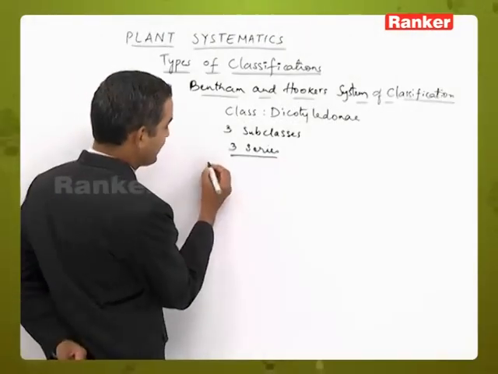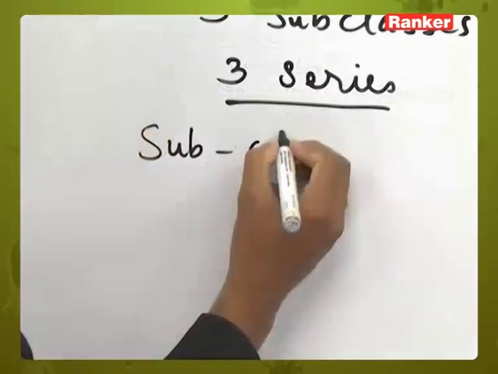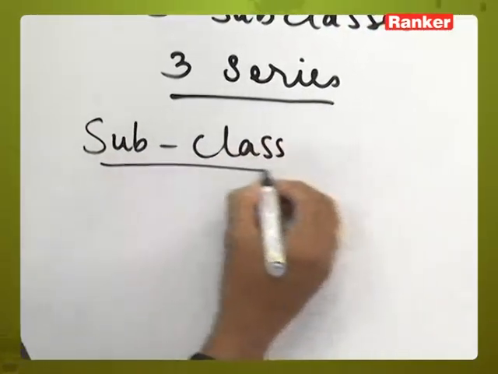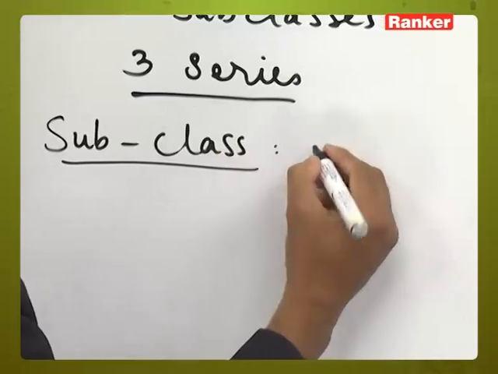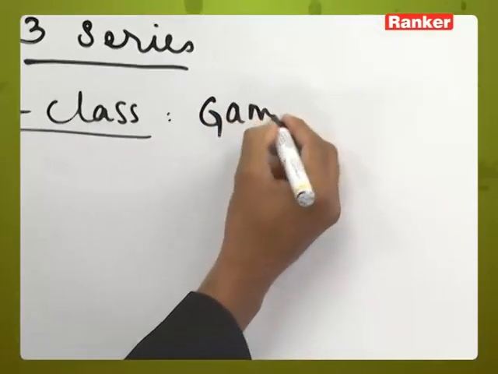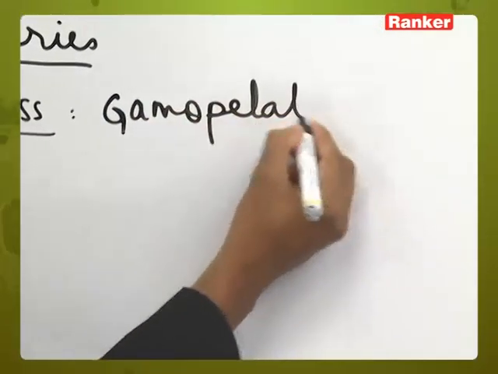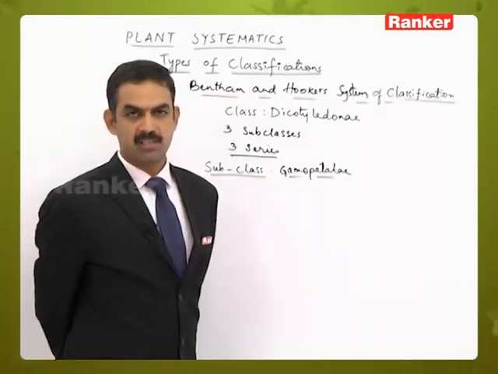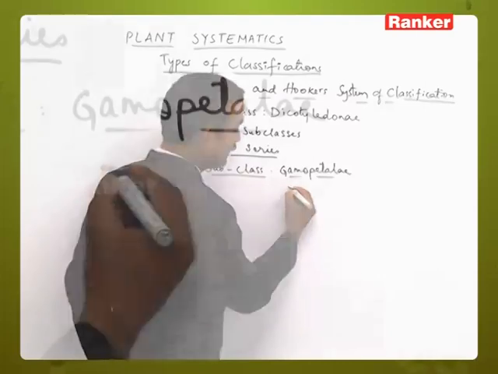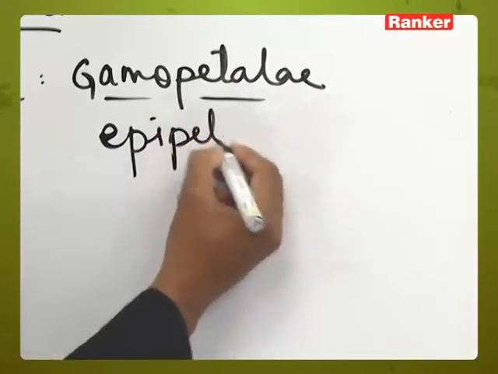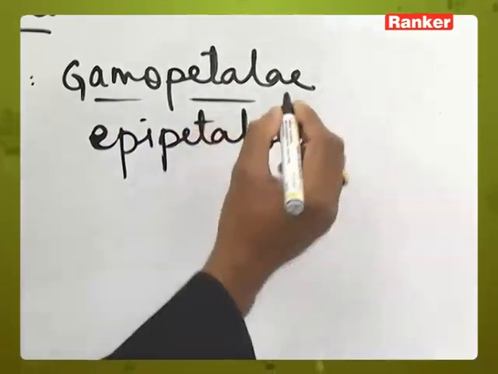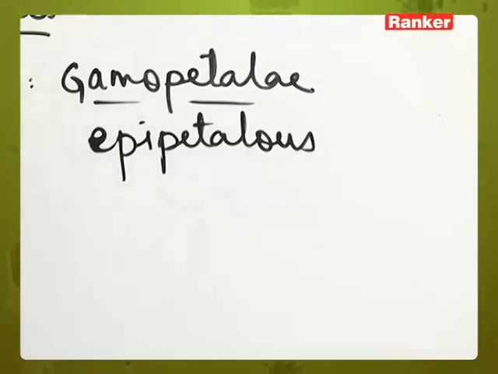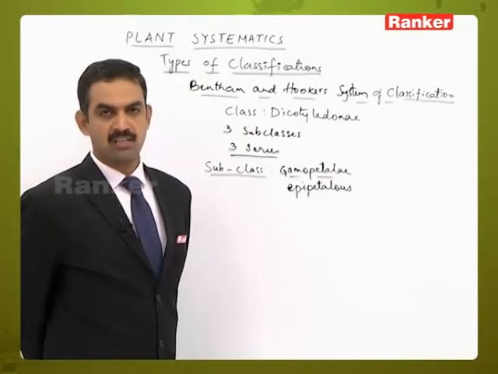Next, coming to the second subclass, that is Gamopetalae. As we have seen, the fused petals are present, and in this one there is a possibility of epipetalous condition, that is the filaments are attached to the petals on inner side.